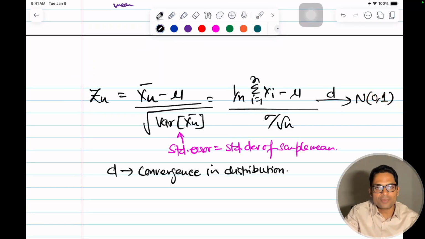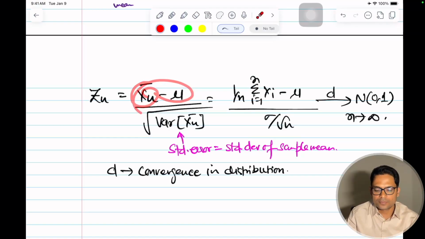And when will this converge? As n tends to infinity, when we have more and more data samples, because then both will become the same and the variance will become the same. So we have discussed what is standard error. I hope standard error is clear.